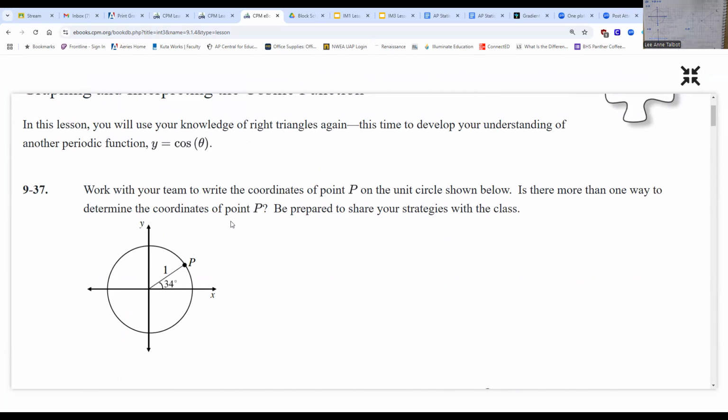So estimate what you think 34 degrees is. You can tell it sort of gave you an idea there. And then mark the 34 degrees in the circle. Put a 1 on the radius and then mark the point P.